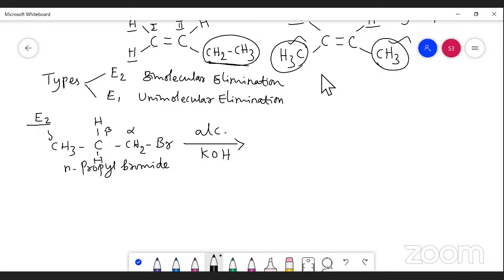Okay, now what you are going to do? From the alpha carbon, I am going to eliminate bromine. From the beta carbon, we are going to eliminate a hydrogen. Okay, and your alcoholic potassium hydroxide can be split into K plus and OH minus. Now this Br leaves as Br minus.